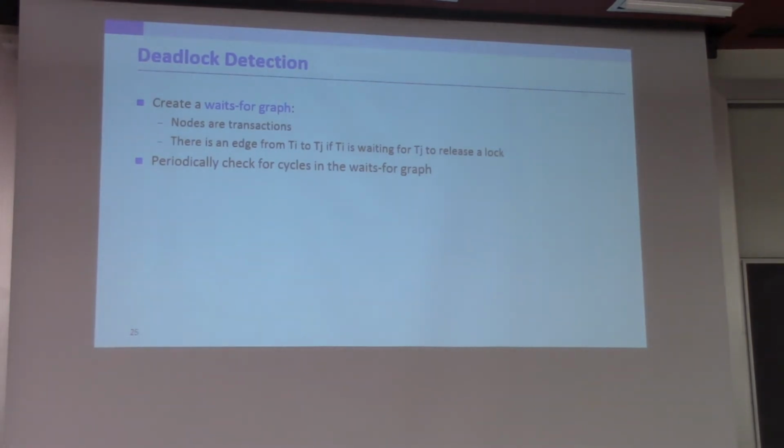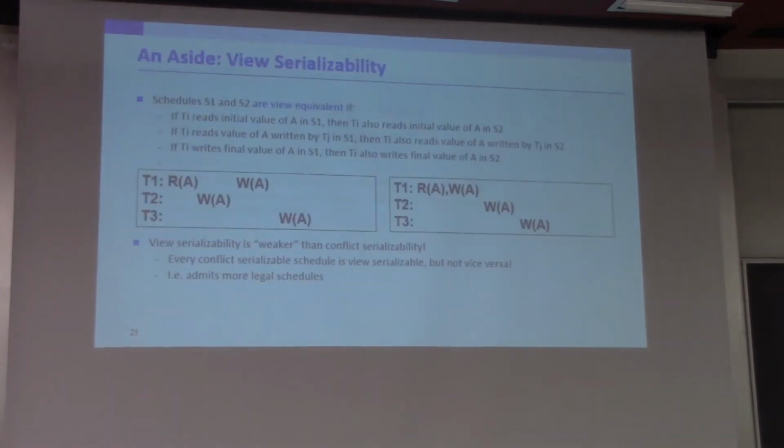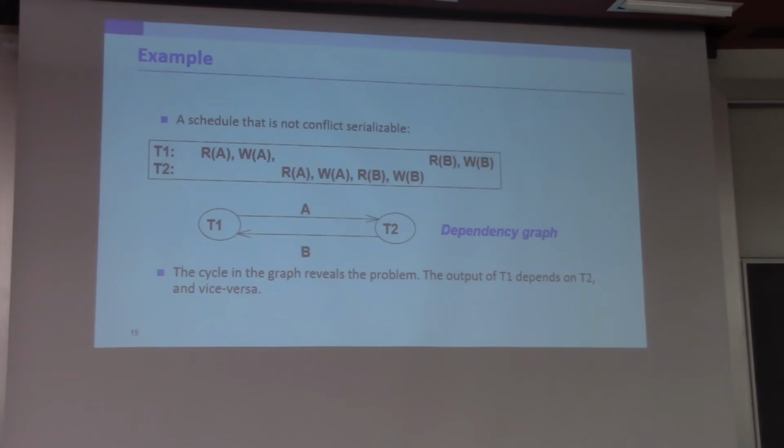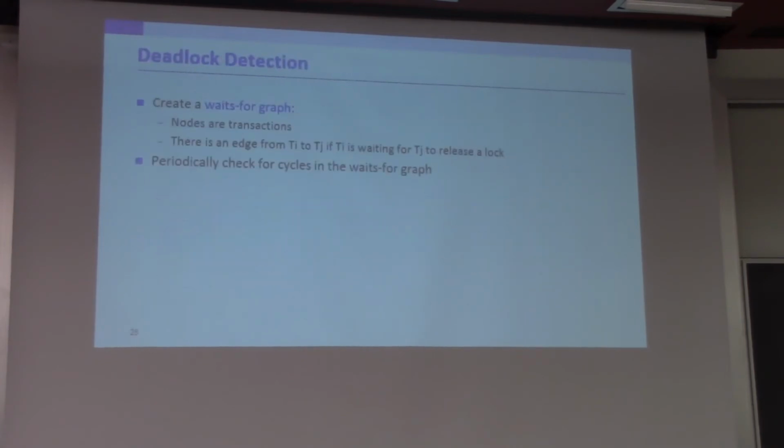So those are transactions, and there is an edge. This is very similar to the concept we talked about, the dependency graph we just talked about. The idea here is that there is an edge if TI is waiting for TJ to release a lock for your schedule.